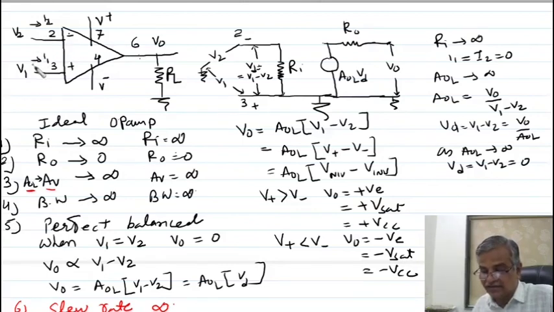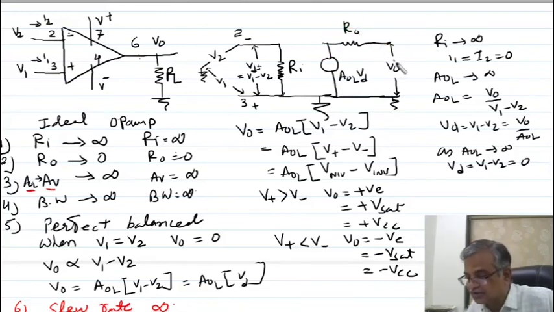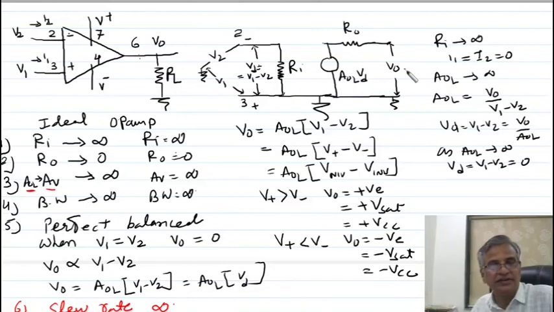Due to the very large value of Ri, the current flowing through the input terminal is nearly 0. Second, due to infinite open loop gain, the difference of these two voltages tends to 0. Due to RO being 0, the output does not depend upon the current drawn. If RO is not 0, then if current is drawn, the output is reduced. That will be discussed later on.